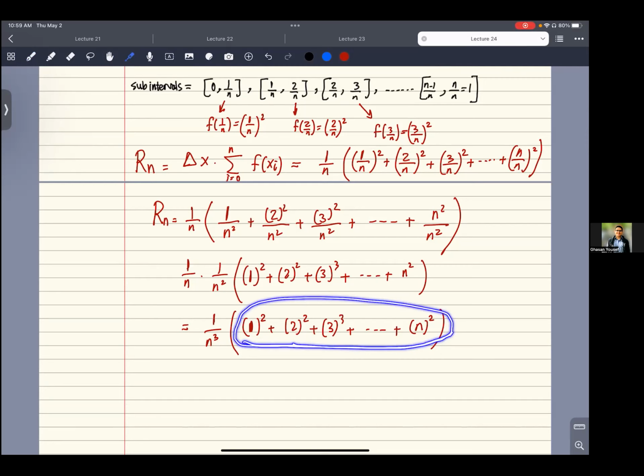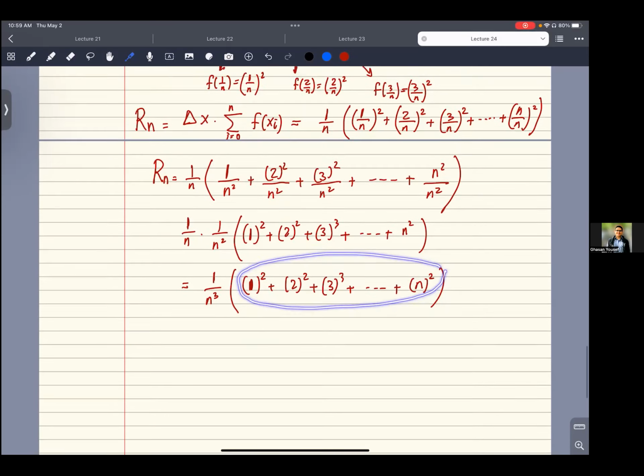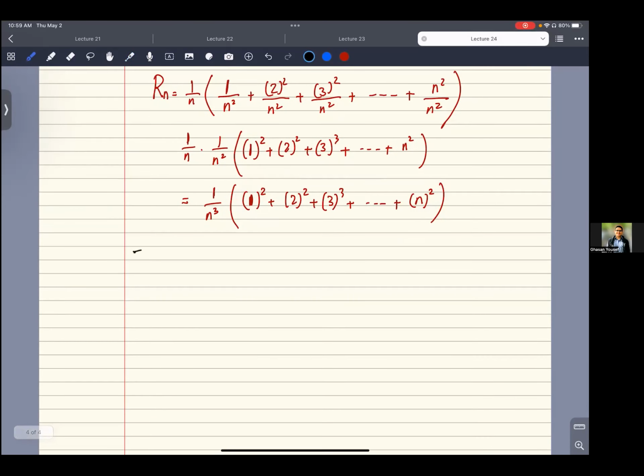Did you know the formula of sequence like that? Have you seen something like that before? Or do you know the formula of a sequence when the numbers are summed? No? Okay. So I'm gonna give you the formula here.